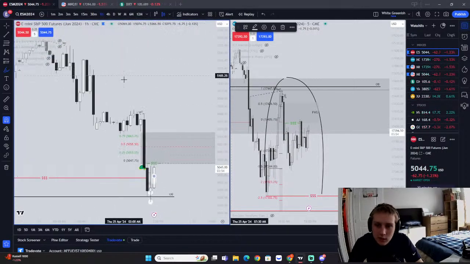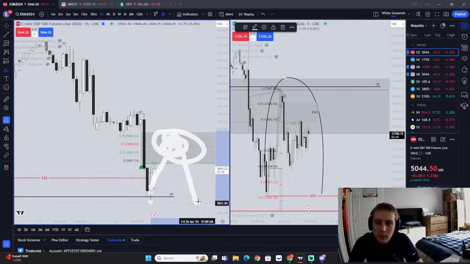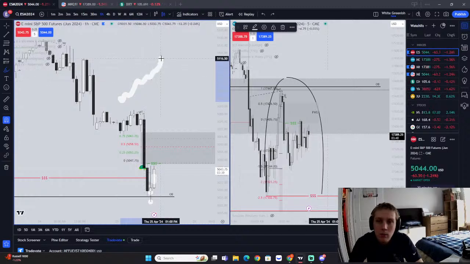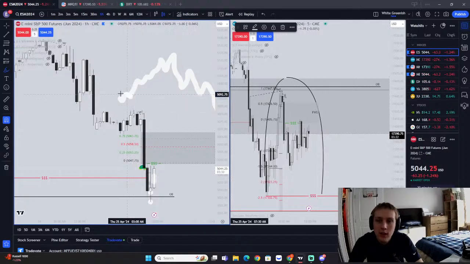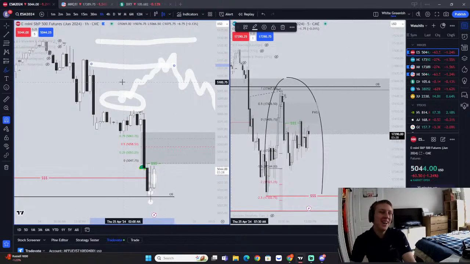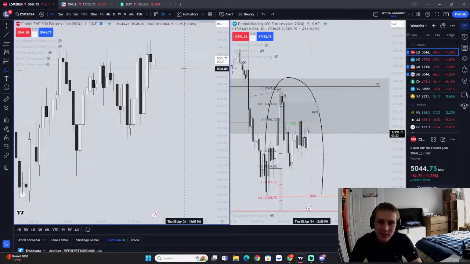Notice on ES, pull back to fair value gap. That's going to be a lower time frame market maker sell model. On the lower time frame, it looks something like this. Pull back to that fair value gap to then have that smart money reversal, break of structure, to then liquidate this original consolidation. Right now I'm just trying to use the highlighter as much as I can. I'm just making excuses to use the highlighter.